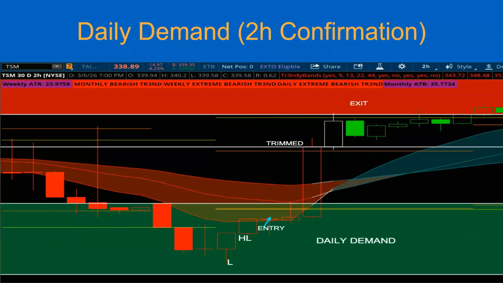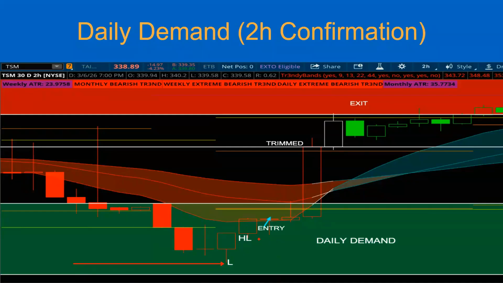All right, here is an example on a daily, and these are actual trade examples, guys, not just random charts. This is a TSM trade. Price entered a daily demand zone on TSM.